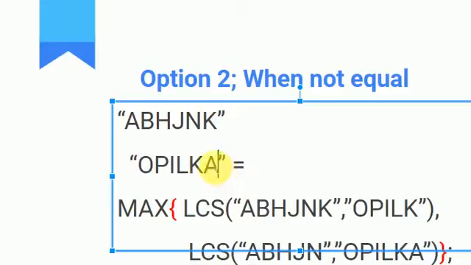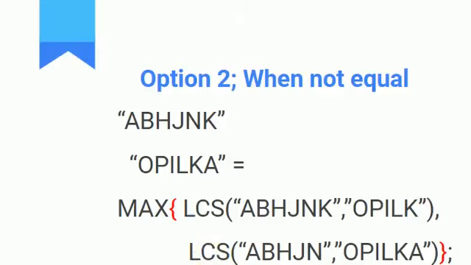Now try to ignore A, the last character in the second string, and find the longest common subsequence for this entire string until here. You will get one answer. So out of these two I will pick up the maximum. So these are the cases. Evaluating the cases in dynamic programming comes by practice, so we have to practice n number of problems.